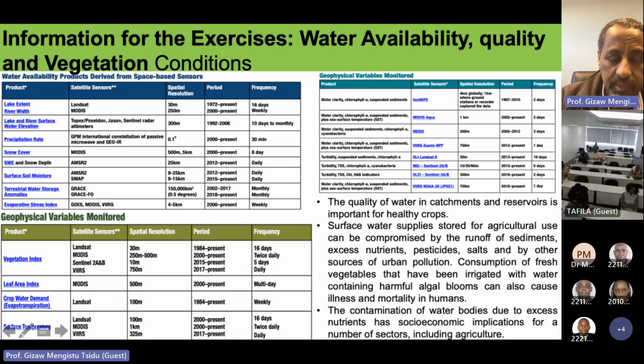You may not go below 5 kilometers because of the processing techniques. Some processing techniques are sophisticated. You can resolve all the way to a few meters. So even for the same instrument, you could have a product with different resolution depending on the accuracy.